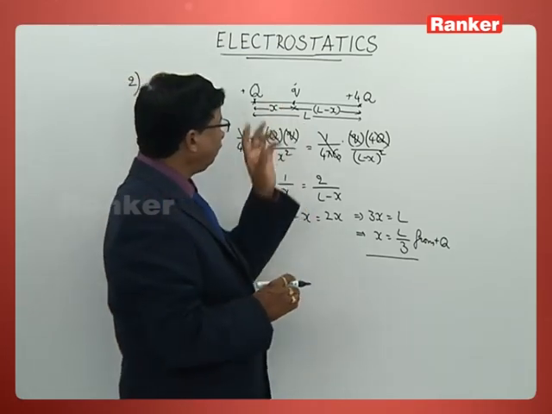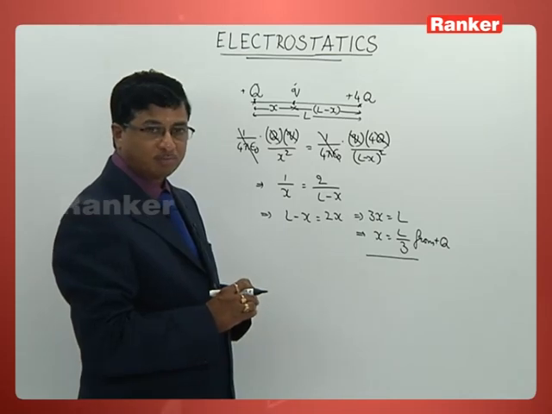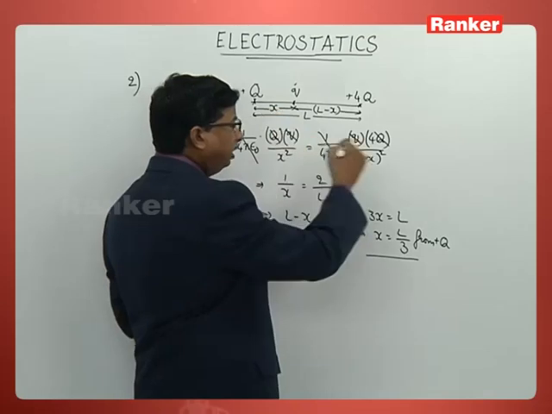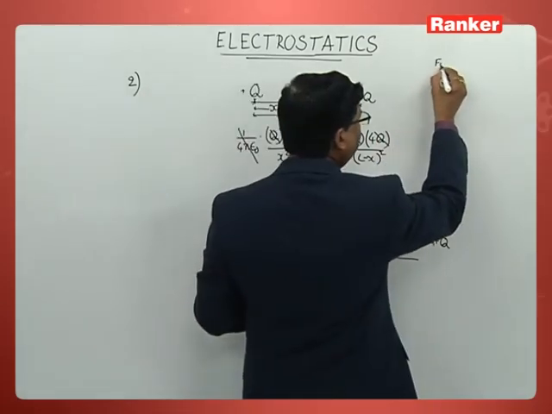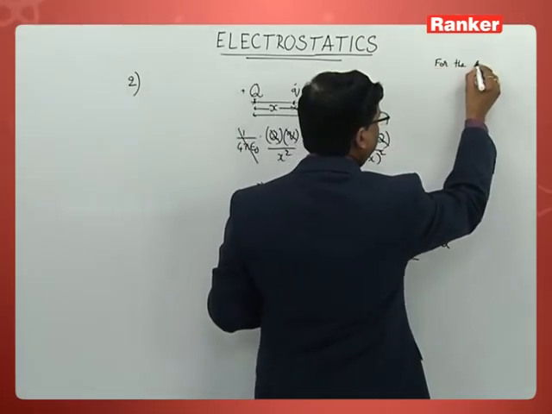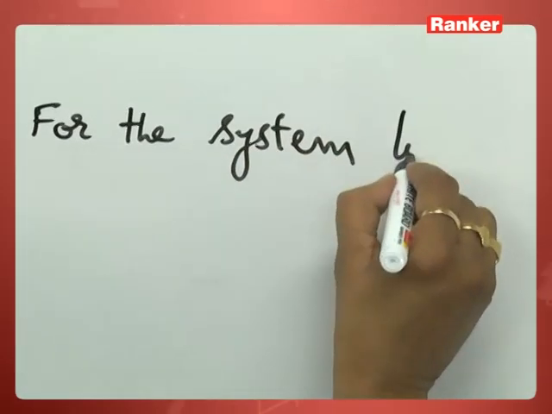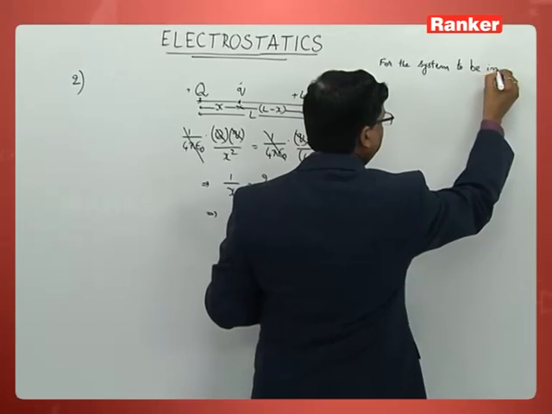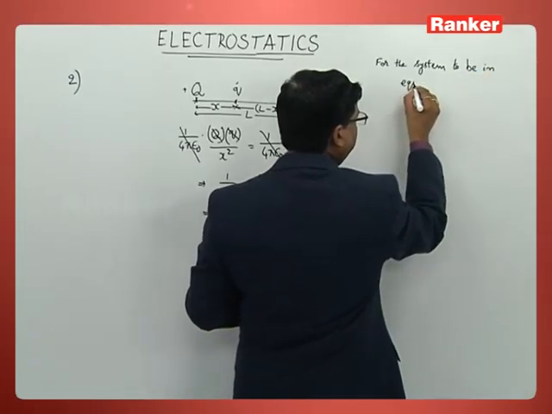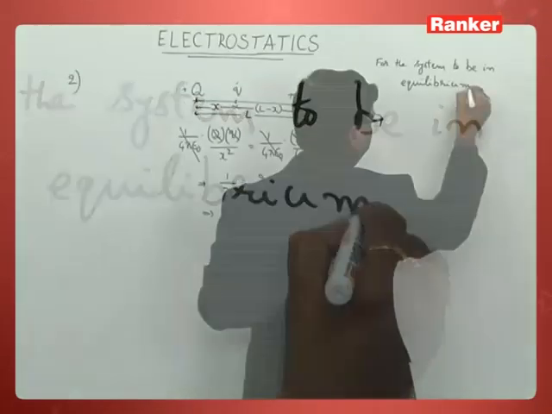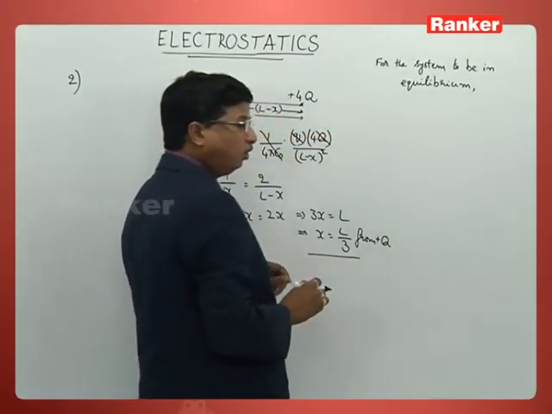Now, what is the magnitude of this charge? Let us check this way. What you should remember is, for the entire system to be in equilibrium, what is the condition now?